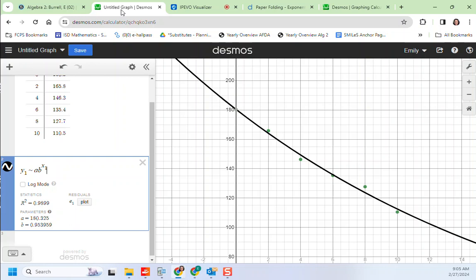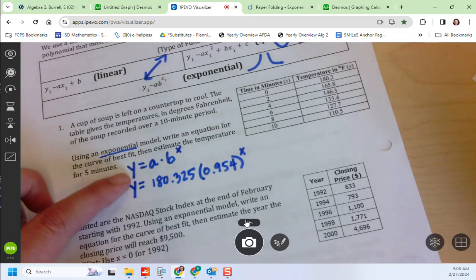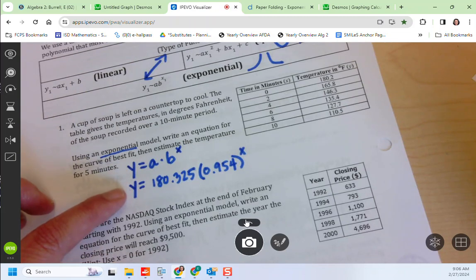Y equals, instead of a, I'm putting 180.325, and then times, I'm going to use 3 decimal places, 0.954 to the x. So this is the format for your equation. This is using the a and b values that we just found in Desmos.